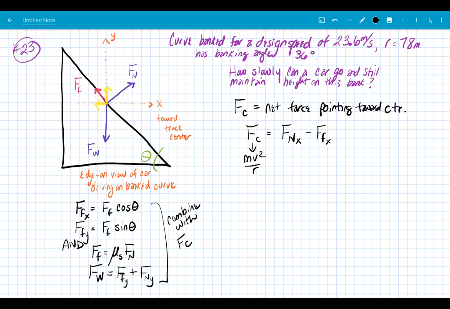And of course, if we break up the normal force into its components, we see that they're related to the sine and cosine of theta as well. And there's FF cos theta. All right, from here, what's interesting is, of course, this becomes mu s times Fn cos theta. And with a little algebraic trickery, all right, I'm going to factor out an Fn on both of those terms.